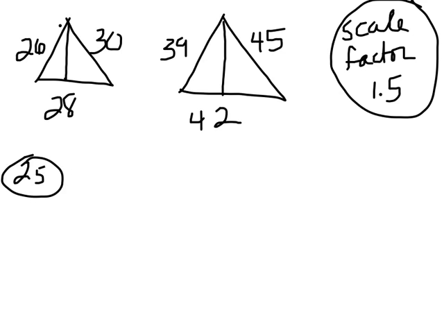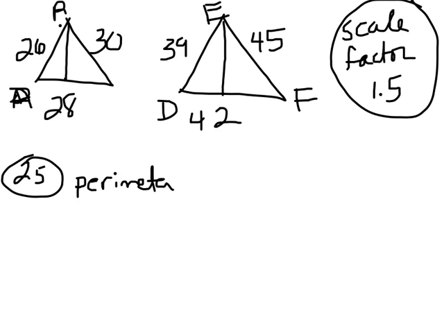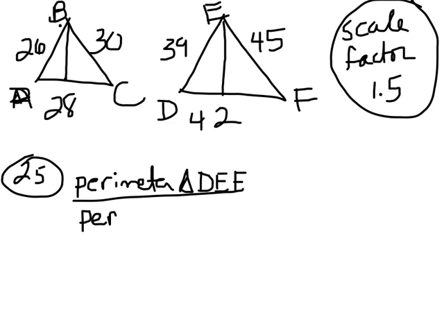On 25, they ask you to make a fraction out of the perimeter of DEF, and DEF is over here. And this was A, B, C. So for the perimeter of triangle DEF over the perimeter of triangle ABC.